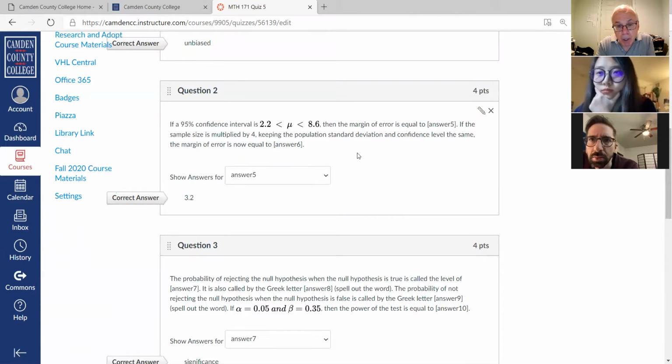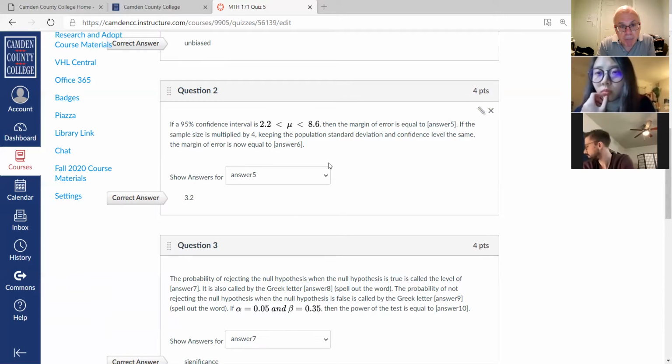When you add and subtract the same number from the sample mean, the width of this interval becomes 2 times the margin of error. Therefore, you simply subtract these 2 numbers and divide by 2 to get the margin of error. So 6.4 is the difference between the endpoints, and half of that is 3.2.